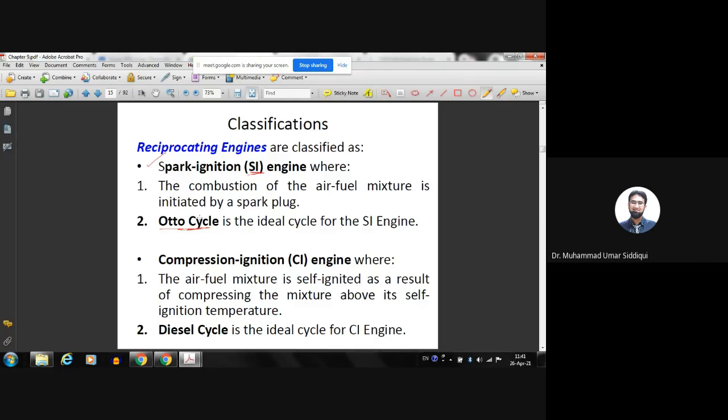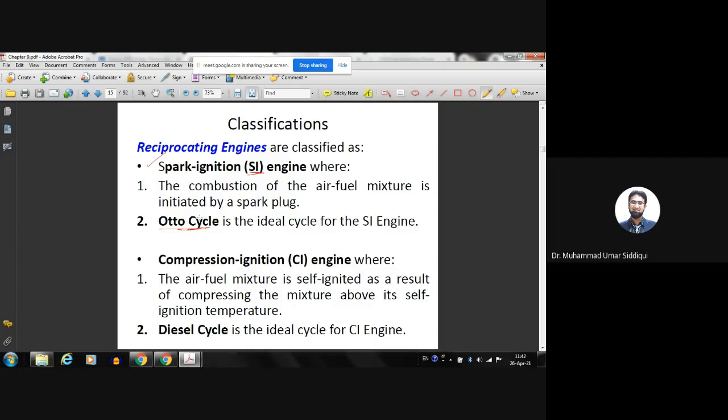The second engine is the compression ignition engine. It is different from the spark ignition engine in that when you mix the fuel with the air, the compression is done to the stage that the pressure and temperature rise so much that the air-fuel mixture ignites on its own.